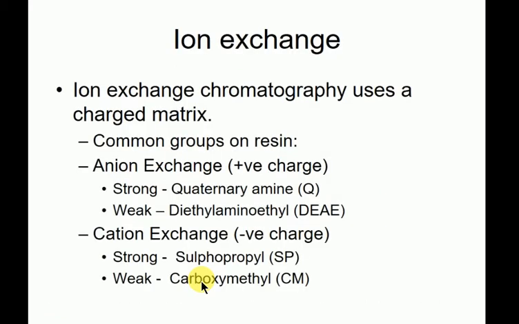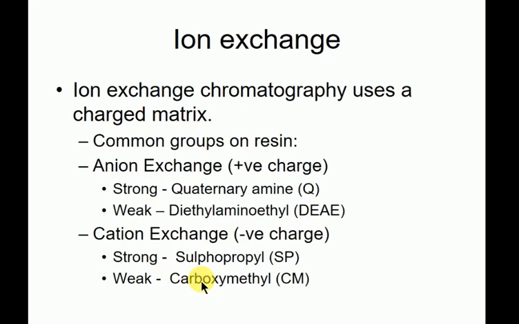Then what you want is to have a resin that has the opposite charge to your predicted protein. So if your resin has a strong positive charge, it's probably a quaternary amine. So this is something like Q-Sepharose. And then it will bind your protein that has a negative charge on it.